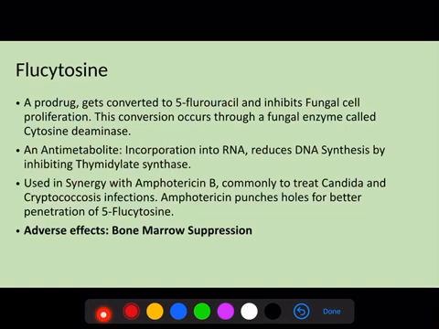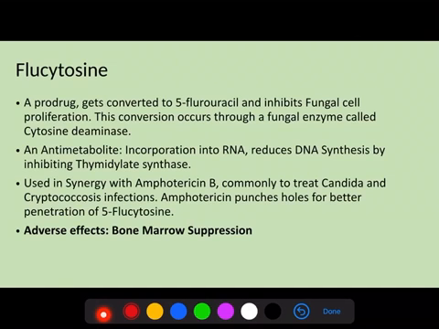amphotericin B. Let us talk about another drug, which is commonly used with amphotericin. It is called flucytosine. Flucytosine is a prodrug. A prodrug is a substance that is administered and is metabolized, and then it is converted within the body into a pharmacologically active drug.